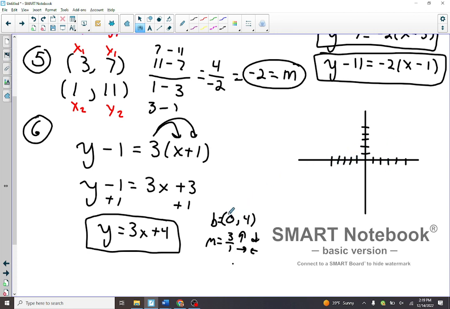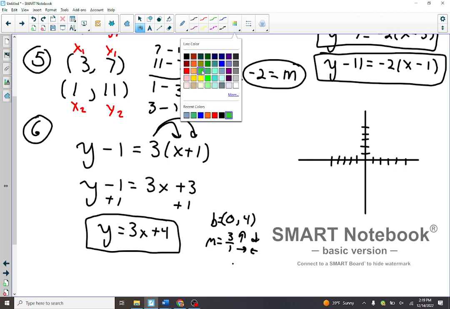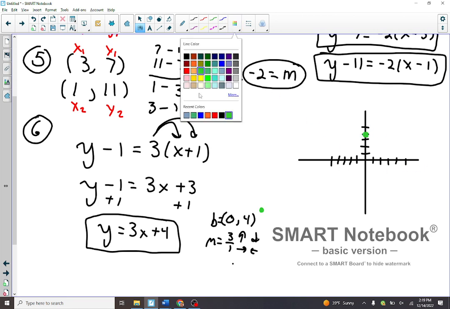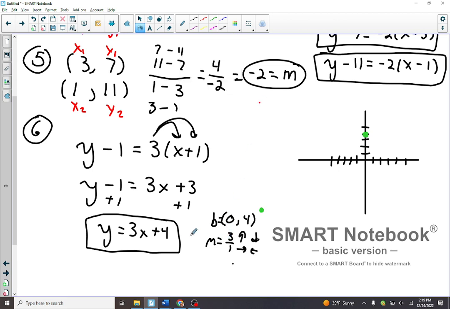So in this case, my y-intercept is 0, 4. I'm going to put my y-intercept here. And my slope is 3 over 1. So that means I'm going to go up 3, right 1, or down 3, left 1.